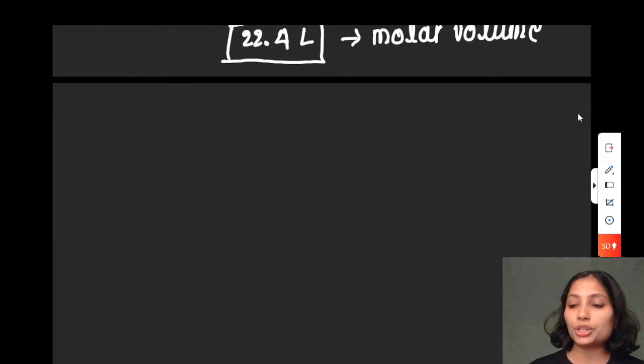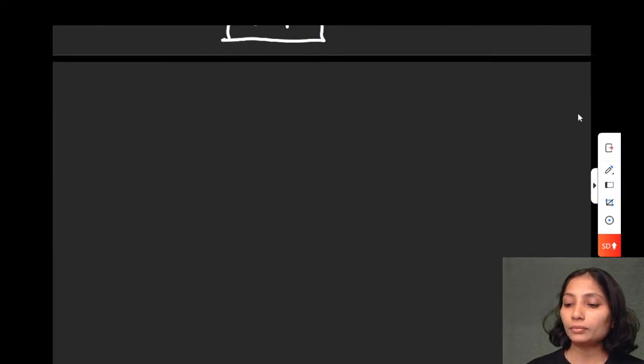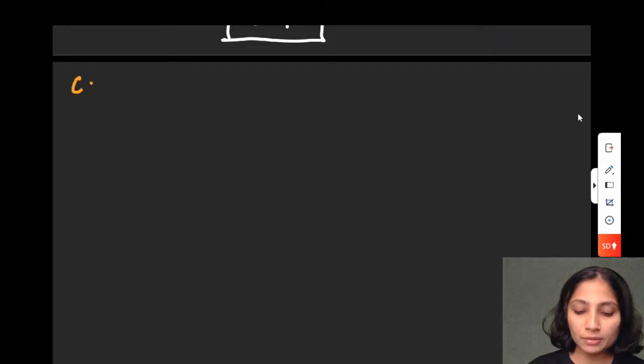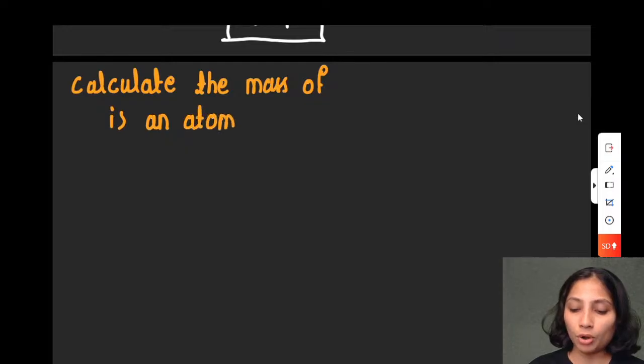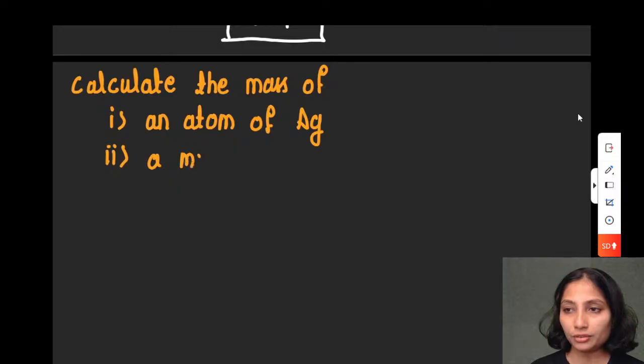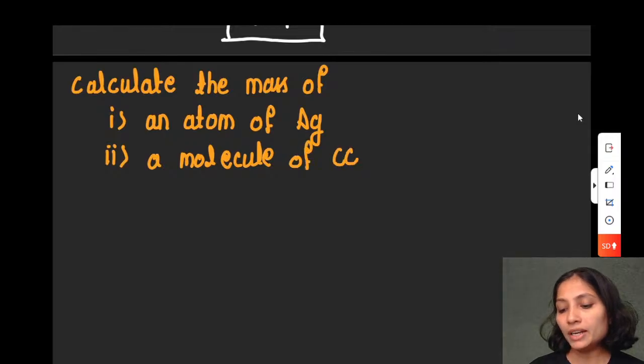Now let's take one question and solve it. Calculate the mass of, first one, an atom of silver, second one, a molecule of carbon dioxide.